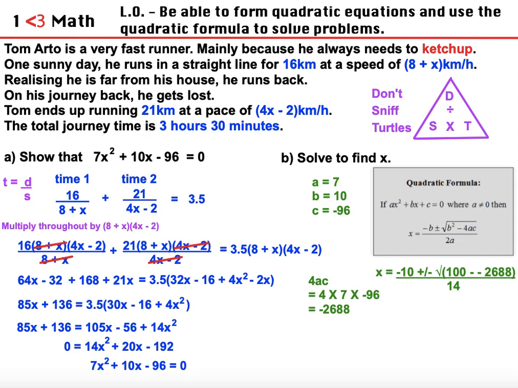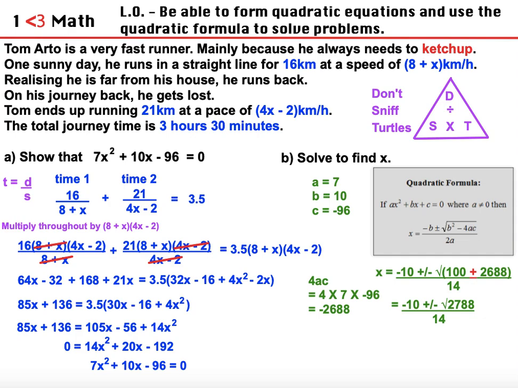Now 2a is 14 because 2 times 7 is 14, so that's what our equation is going to look like at this point. So a bit of simplification. It becomes the square root of 2,788 because the minus minus becomes a plus, as you've just seen, and that's going to be over 14 still. Now, at this point, we've got the plus or minus.